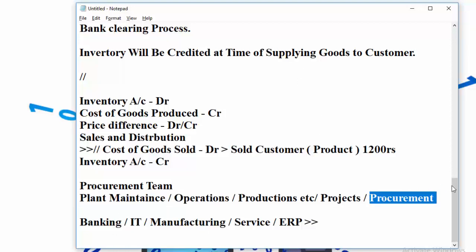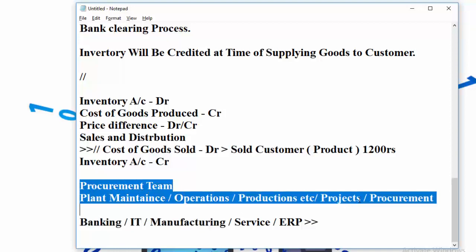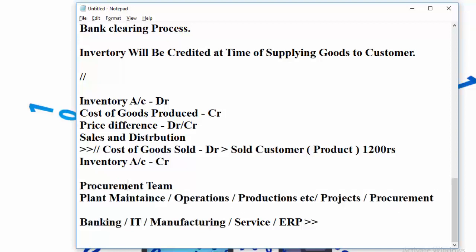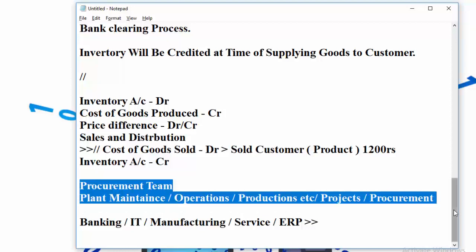But if you go through the ERP videos I have uploaded, and I'll try to upload some more if I get more time, based on the response to these videos, you could get more information about the whole overview of how different organizations or different departments are integrated in the backend using ERP systems.